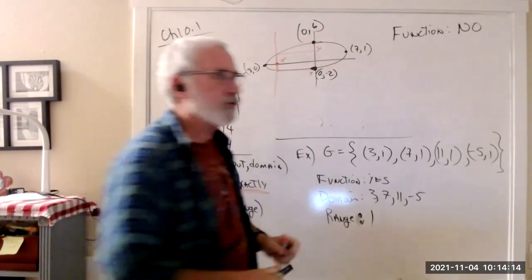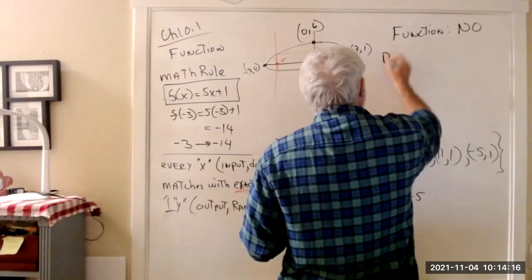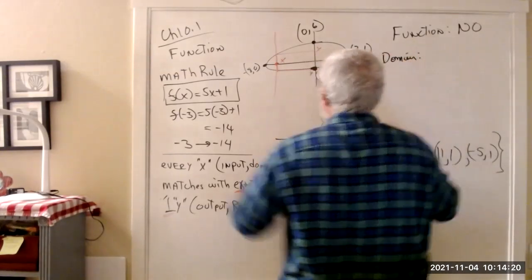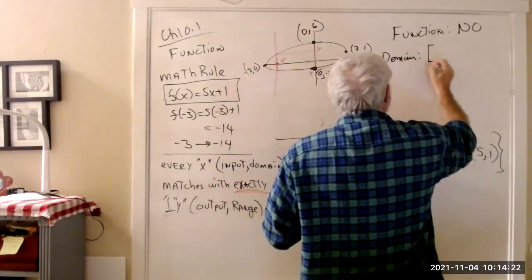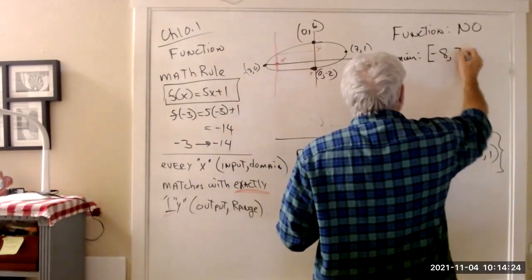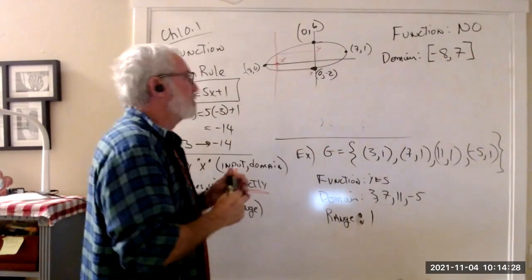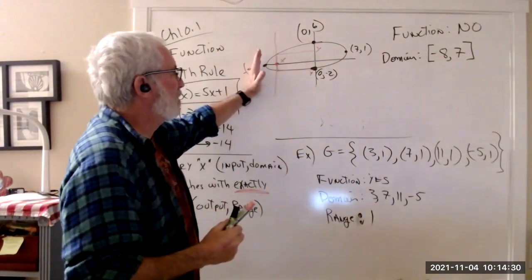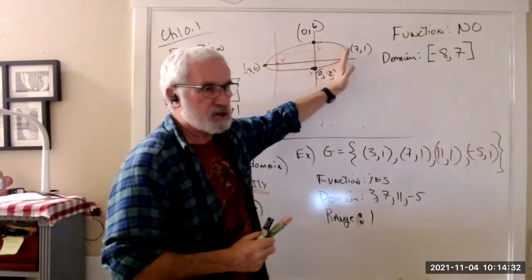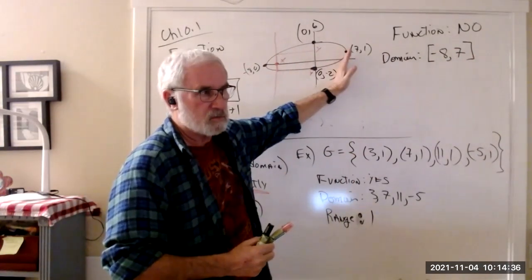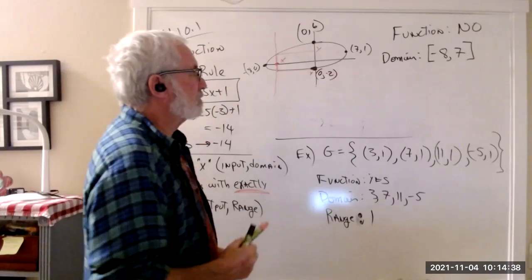So you had to have some math notation for the domain. So for this one, the domain is everything from -8 up to 7. All of the X's from -8 up to 7 were being used. So that's the domain.